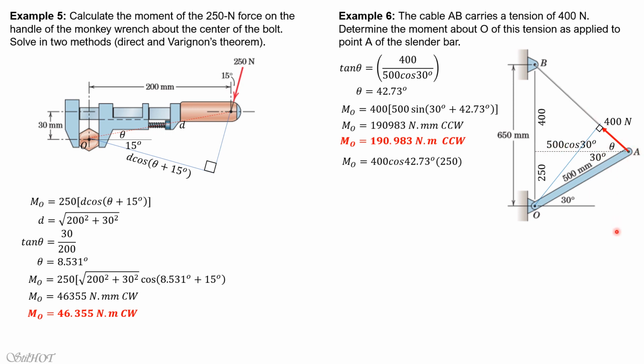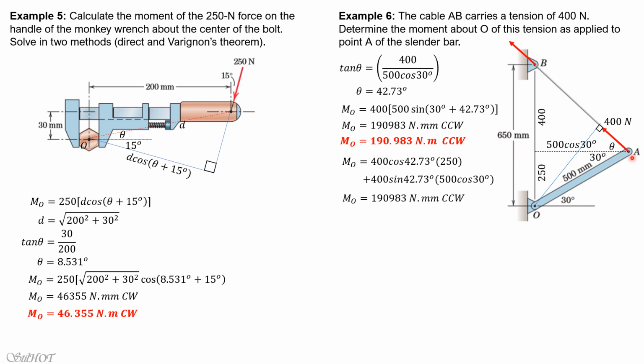The moment arm is 500 cosine 30. The x and y components have the same sense. Computing, MO is the same, 190.983 Newton mm counterclockwise, or 190.983 Newton meter counterclockwise.